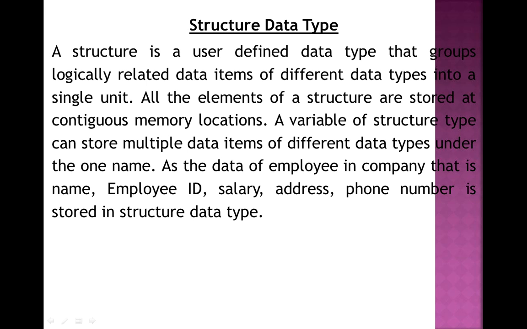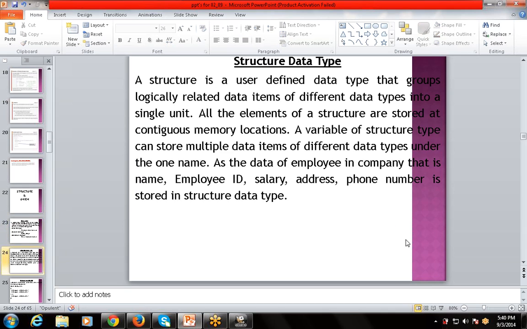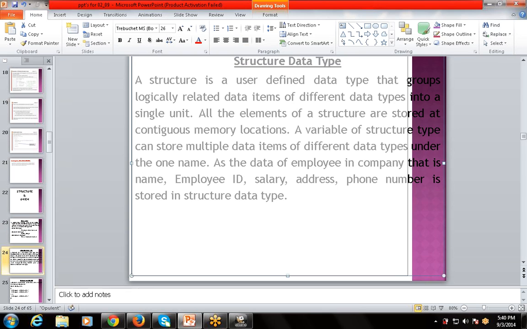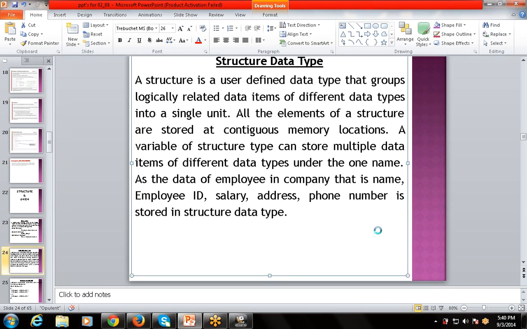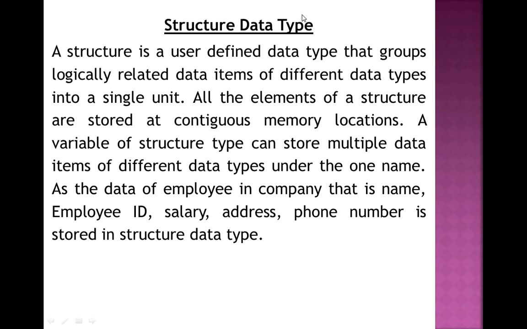This says a structure is a user-defined data type that groups logically related data items of different data types into a single unit. So this is used to group logically related data items.